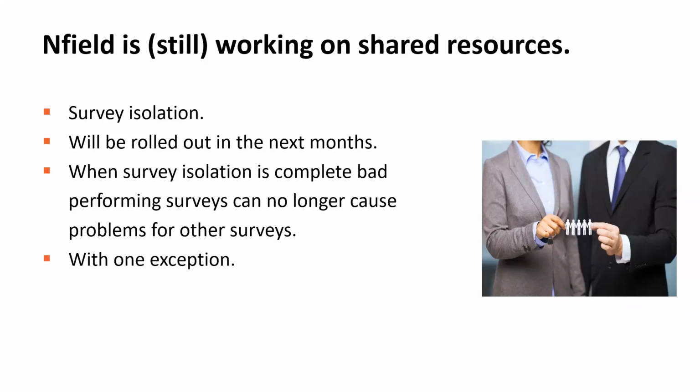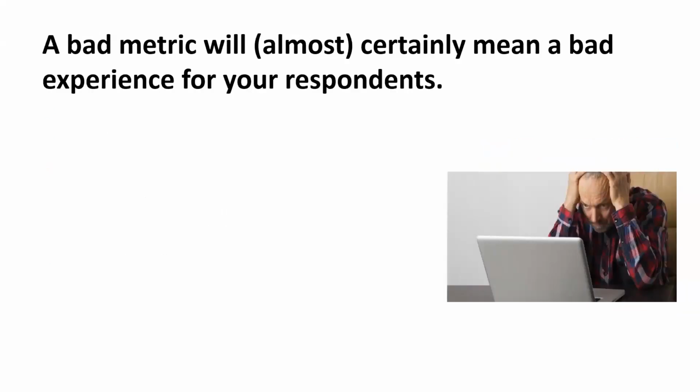But for now, this is less of a reason to use those metrics than it was before. That also is the reason why we have renamed this from survey metrics to performance, because this is the one reason that is still left. A bad metric will almost certainly mean a bad experience for your respondents.